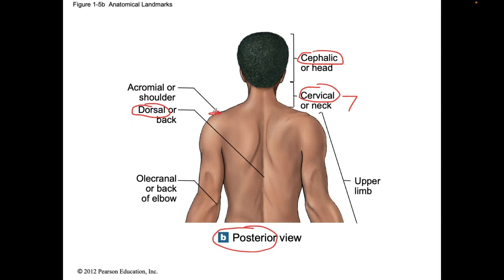The highest part of the shoulder is called acromial. So when we do the scapula bone, which is here, we will learn that the highest part of the scapula is called the acromion process. Okay? The back of the elbow is called olecranon, and this specific bone, when we do osteology, is called the olecranon process. So learning these terms are going to be really important, okay?